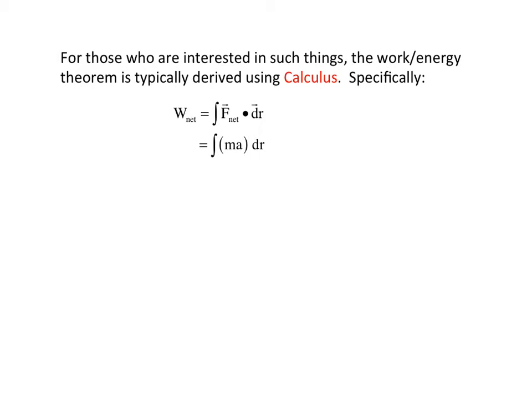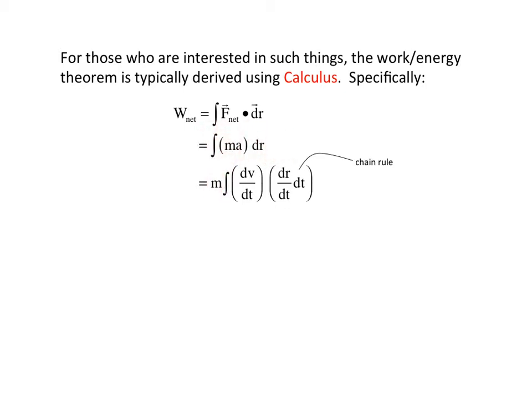Once again, if the force is along the line of the displacement, that dot product is just going to be the mass times the acceleration from Newton's second law times the displacement. And you do that for all the little differential displacements along the path, and then you sum them up. So this integral sign is just a glorified summation sign for a continuously changing function. You've got to do a little trickery once you get to this point.